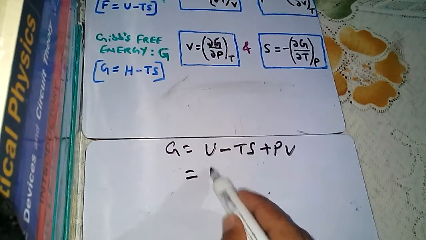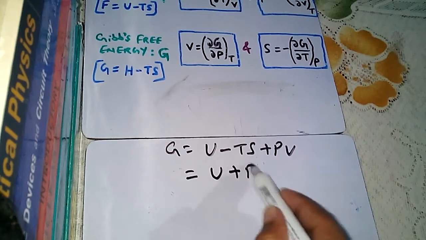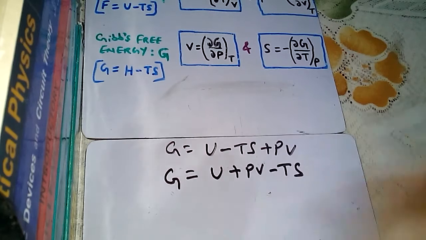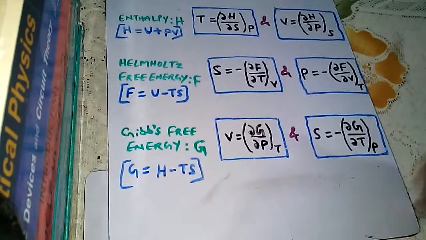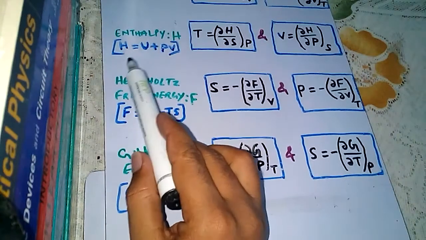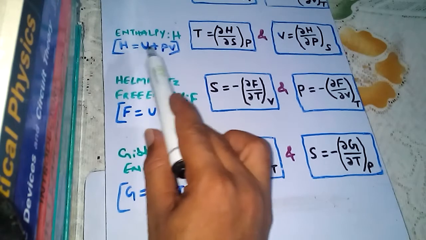Now, let me do one thing. U plus PV, let us write it first, then minus Ts. Now, let me show you one thing. See that H equals U plus PV. Enthalpy is equal to U plus PV.